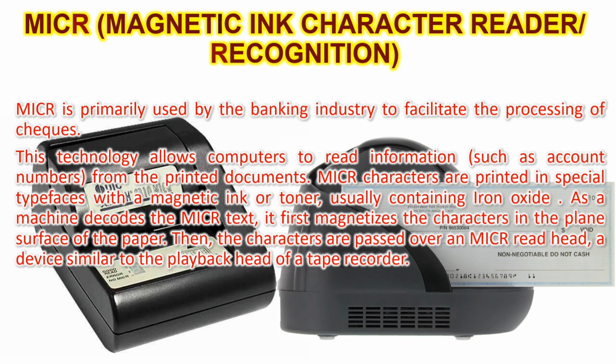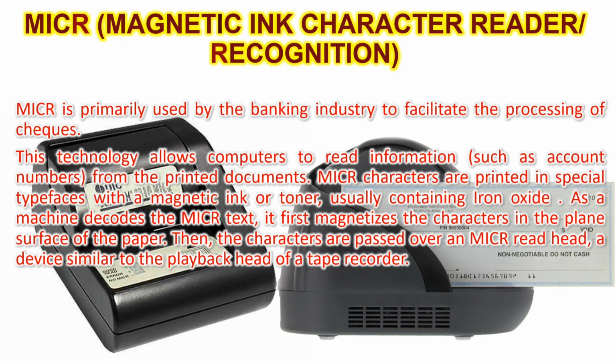MICR characters are printed in special typefaces with a magnetic ink or toner, usually containing iron oxide. As a machine decodes the MICR text, it first magnetizes the characters in the plane surface of the paper.